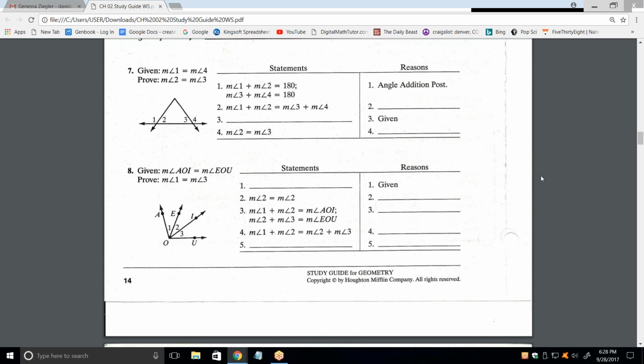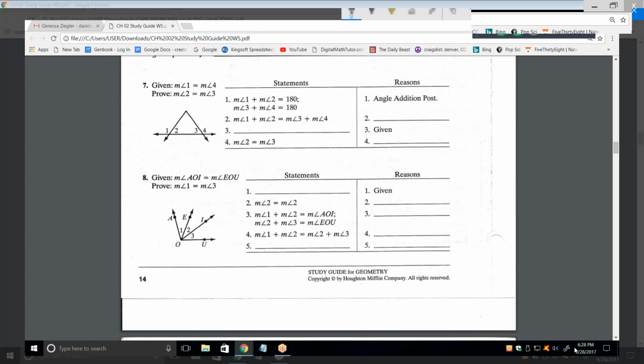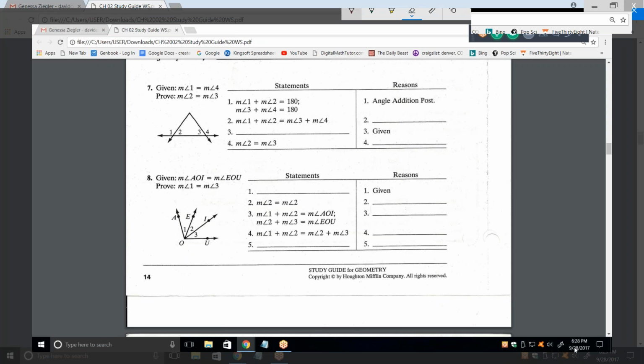In other words, the transitive says if A is equal to B and C is equal to B, then A is equal to C. We have that A is equal to B, and then C is equal to B also.